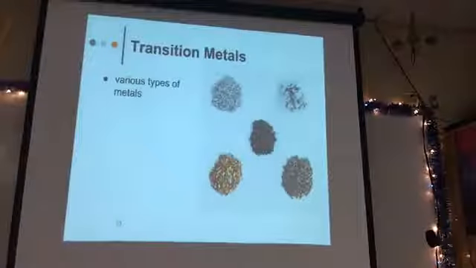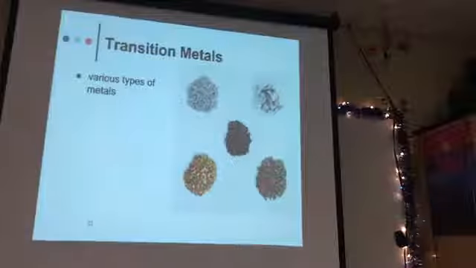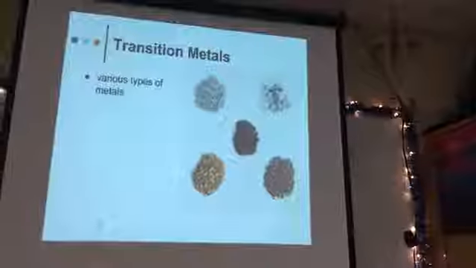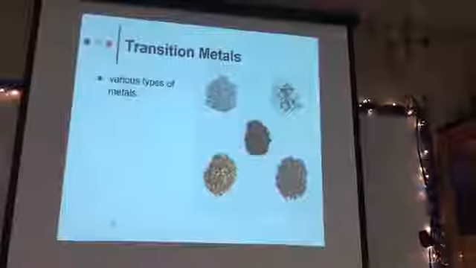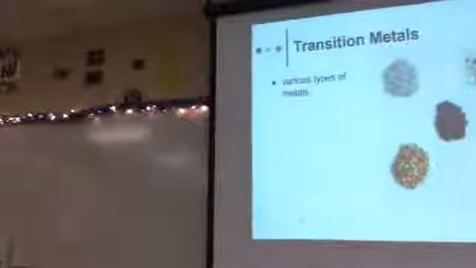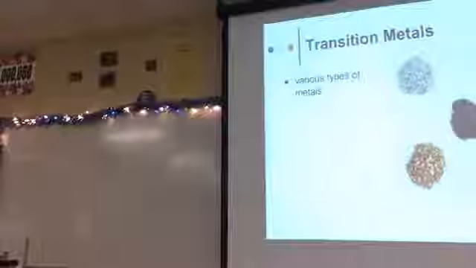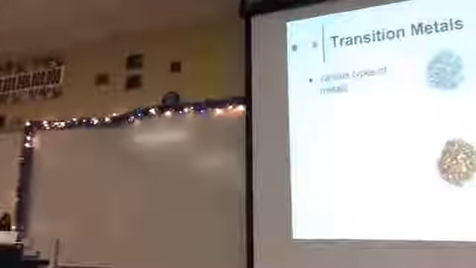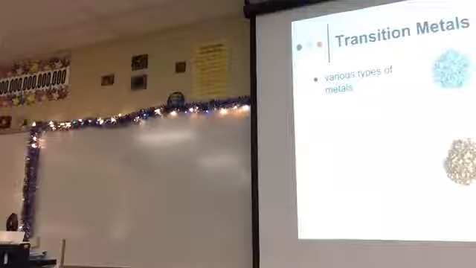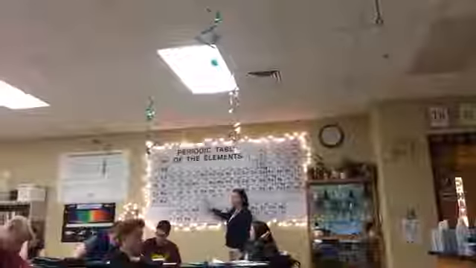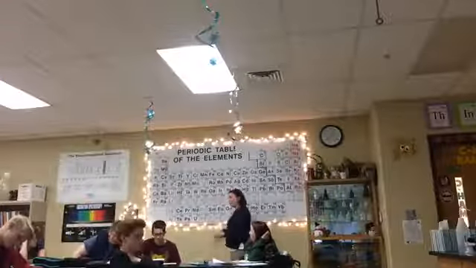You have your life metals like iron, cobalt, zinc, things we need for our life, for minerals. And then we have our structural metals like iron, osmium, technetium, things like that. So you have all kinds of properties with these transition metals, so we just lump them as a big group.